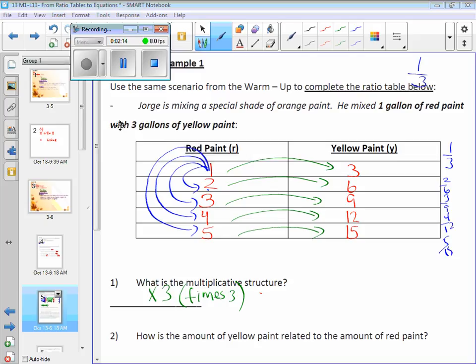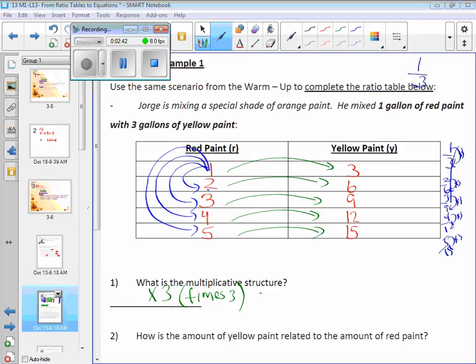So look, but look what happens. Now, because you've expressed it top to bottom, multiplicative structure doesn't change. 1 times 3 is 3, 2 times 3 is 6, 3 times 3 is 9, 4 times 3, and 5 times 3.